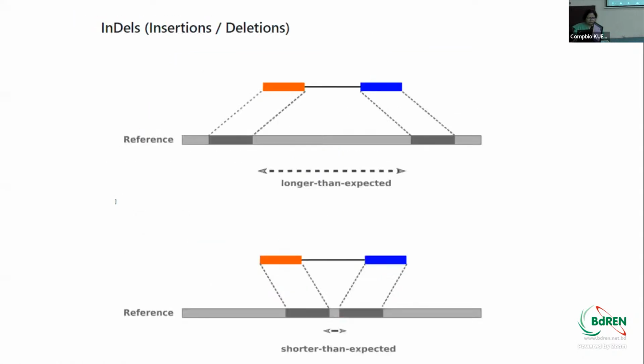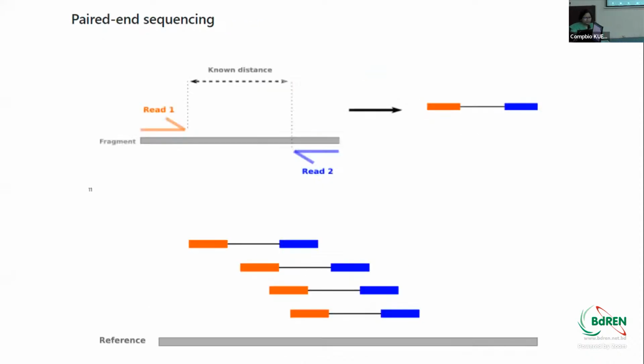So we already talked about paired-end sequencing. And it is also helpful for the reference genome, because the basic thing is that the more we sequence, the more reliable it will be.